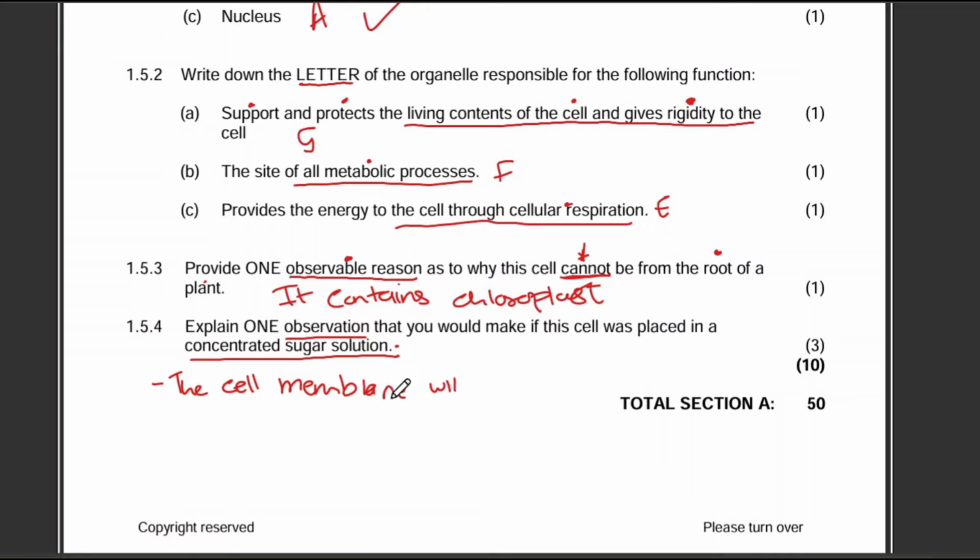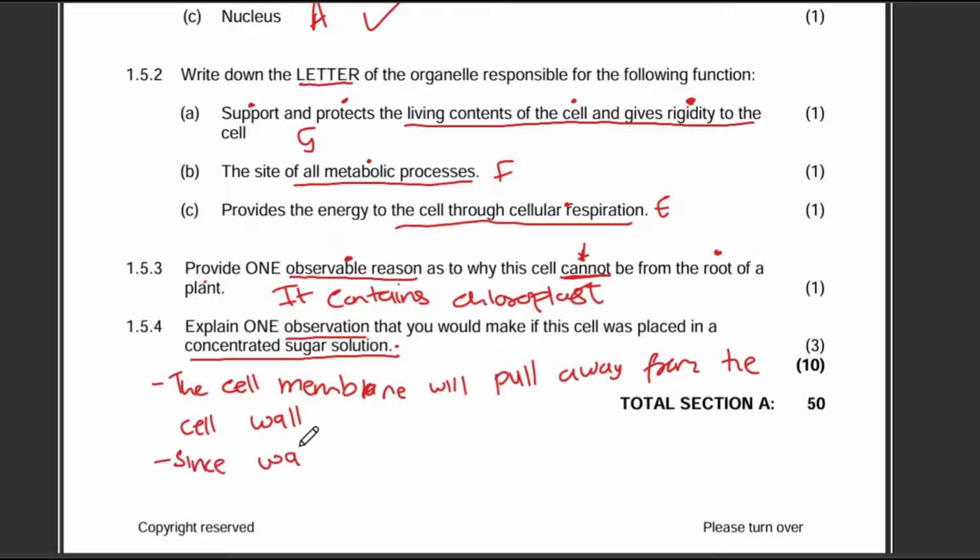So in this case, the cell membrane will pull away from the cell wall, and we're basically going to see that. It's pulling away from the cell wall because the water is leaving the cell.